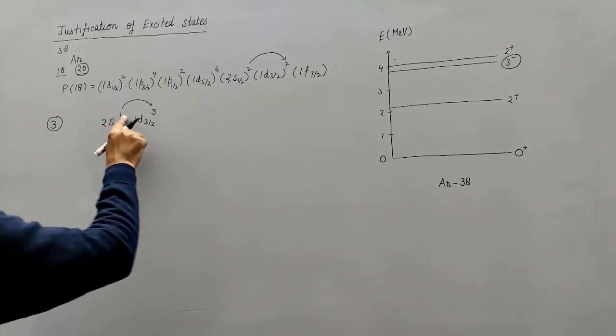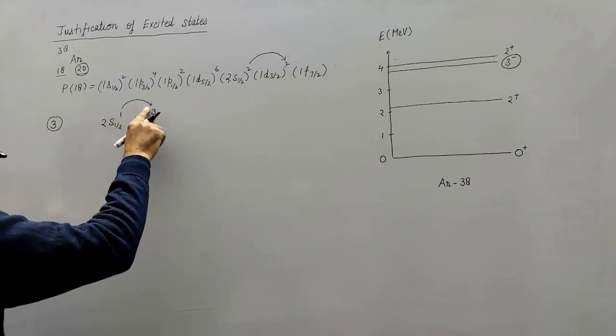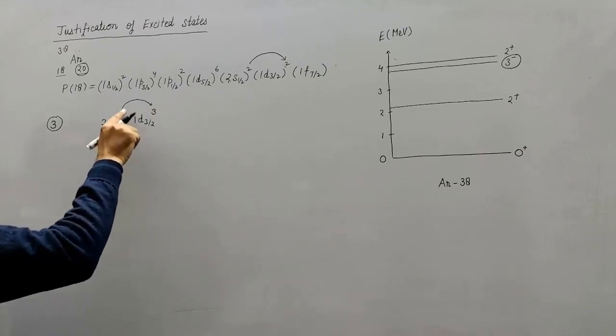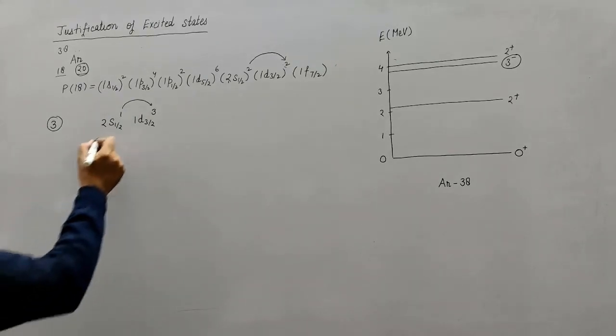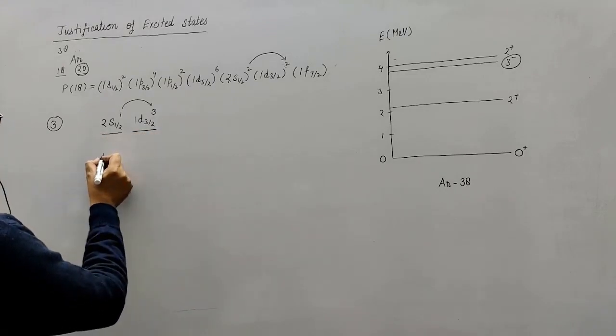Earlier, 2 was here, 2 was here. So 1 moved from here to here. So here it will become 3, and here it will be left with 1. Now again we have 2 unpaired protons. One unpaired proton is here, another unpaired proton is here. So what will be the resultant J value?